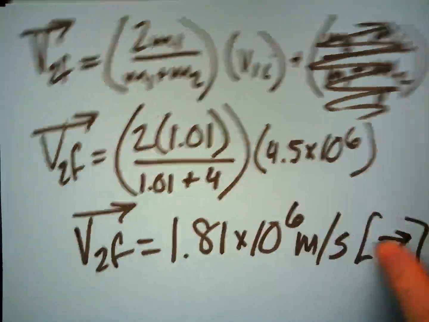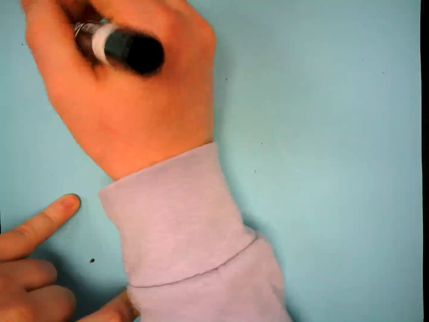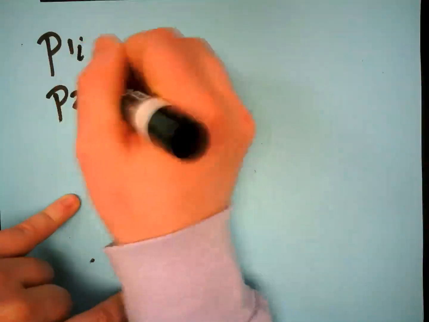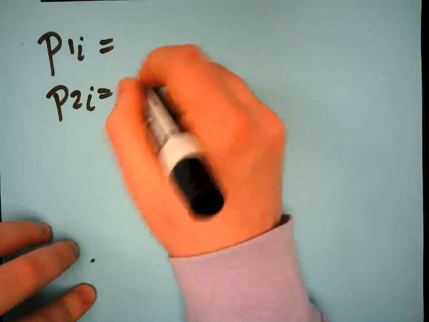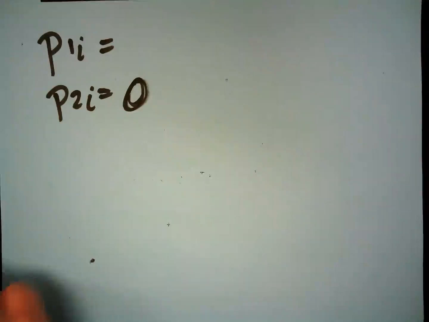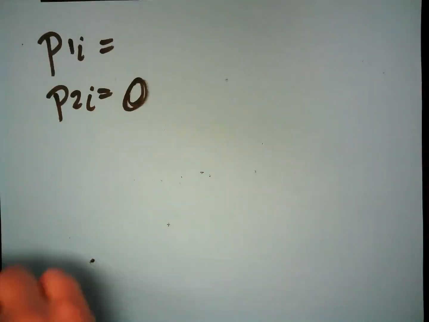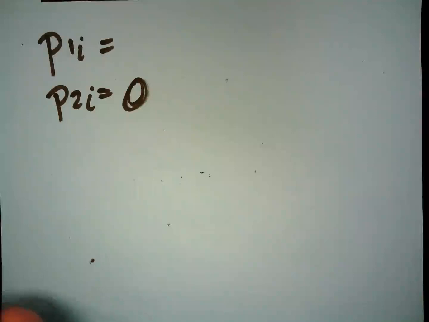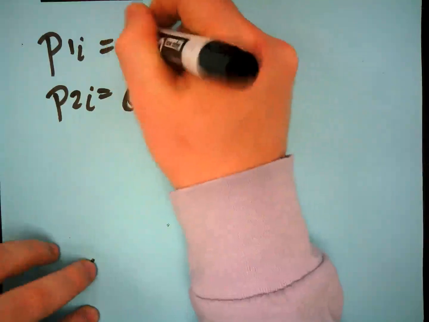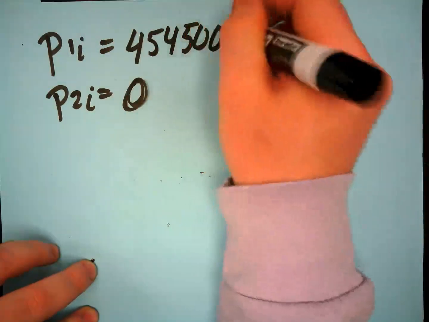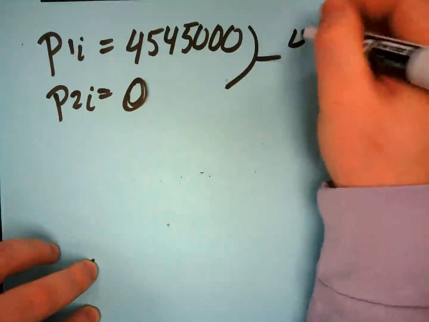Okay, and just to end it, let's double check that the momentum's correct. So the momentum of our first object initially is 4.5 times 10 to the 6th power times 1.01, and the momentum of our second object initially is going to be 0 here. I'm just going to write out what it is, so it's going to be this big old number.